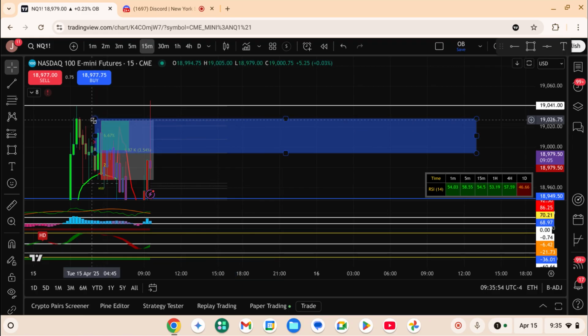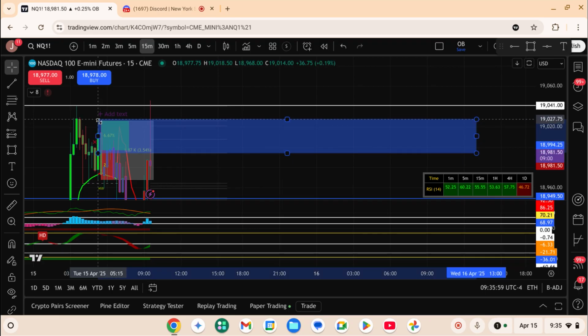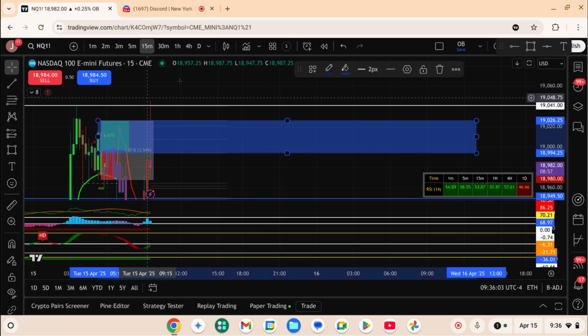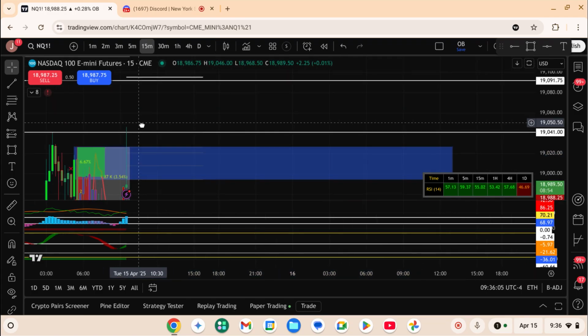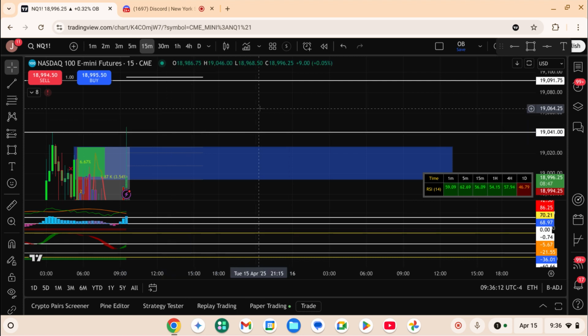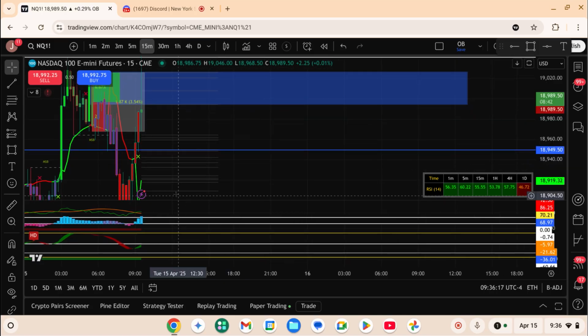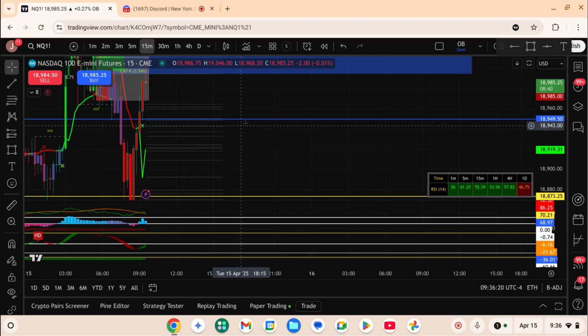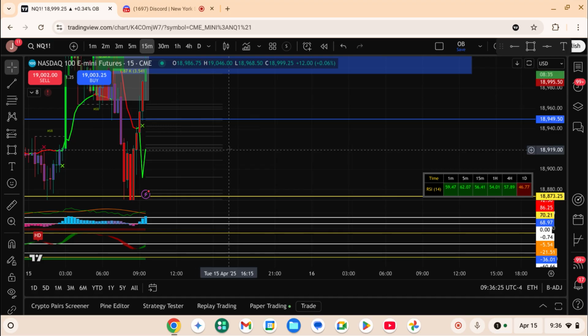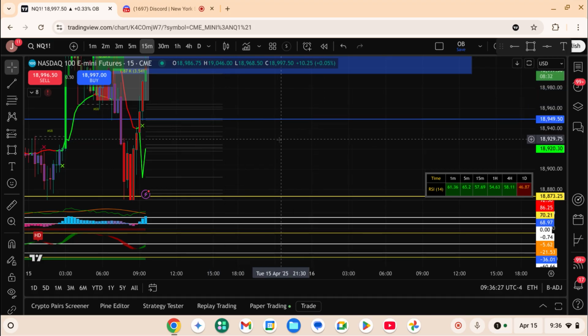And I got a phone call that I got to take at like 10, so I probably won't be around to catch the third trade, but that would be the idea: enter longs above 19,040, and for shorts, you'll enter shorts below 18,940. We'll say 950 just because it's an even number.